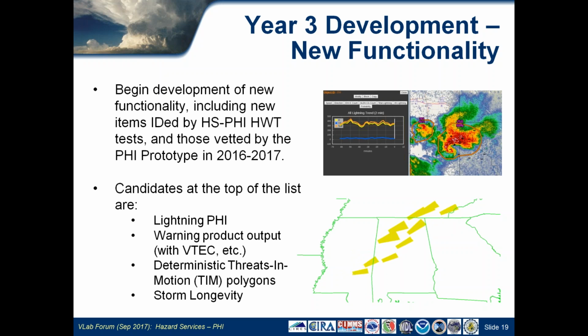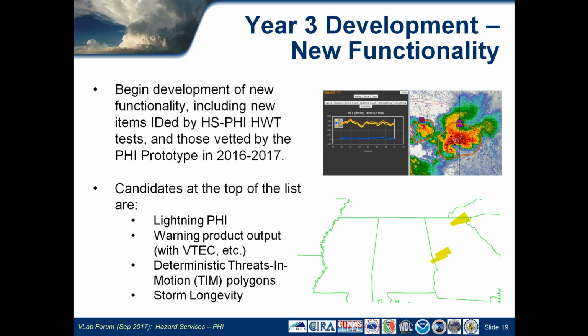But if we can derive warning polygons from those, we could potentially derive polygons that update every minute and follow the storm. So that's one thing that we want to include as a step from where we are now to a fully integrated PHI, and that is having a system design that has no probabilities but just the moving threats in motion, as you see there.